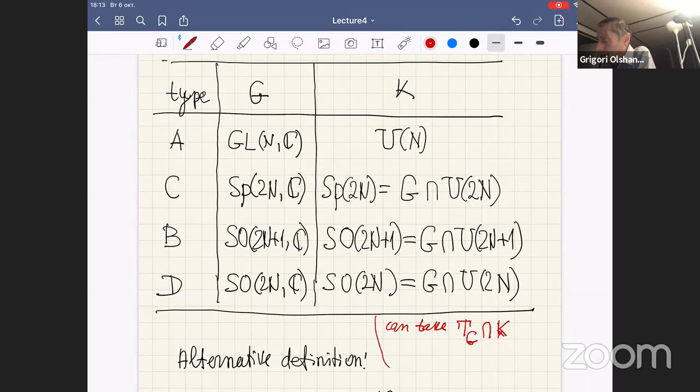And then our torus becomes just the compact torus, the product of n copies of the unit circle. So it's very convenient, this realization.